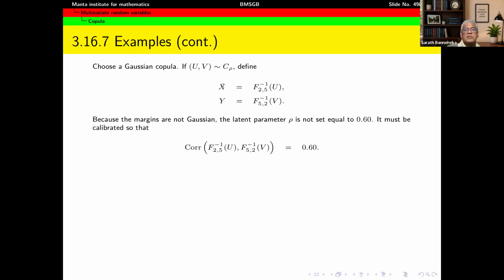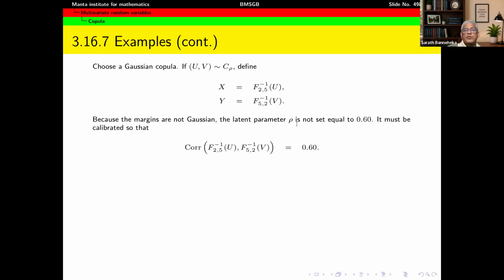Right. So X is going to be calculated using the inverse cumulative distribution function of the beta 2, 5 distribution evaluated at U. Y will be the inverse cumulative distribution function of a beta 5, 2 distribution evaluated at V. And what we want is the correlation between X and Y to be 0.6.